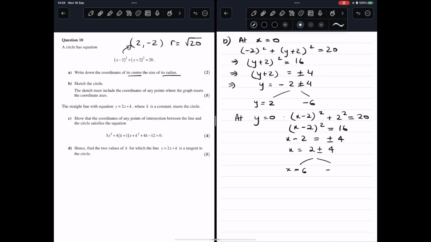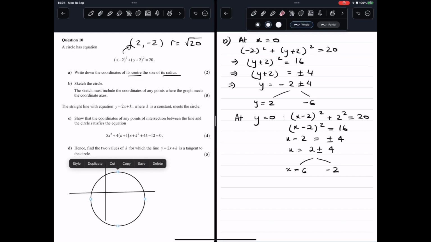I've got all my x and y coordinates, so I'm going to go ahead and plot the circle. If I draw a rough sketch of a circle, I have my x coordinates at minus 2, 0 and 6, 0, and on the y-axis I have 0, minus 6 and 0, 2. And so that's the sketch done.